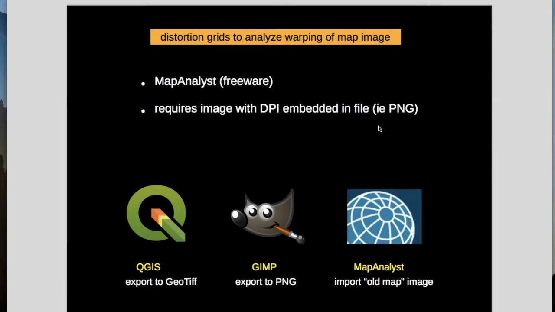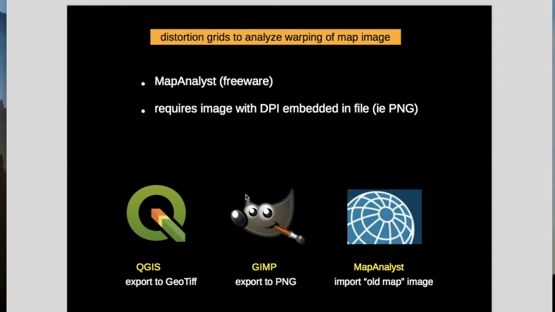Now, one warning here is that it requires an image with the DPI, the resolution, embedded in the file itself, which by default happens in a PNG file, and it could be in a GeoTIFF. However, the GeoTIFF file size could be very, very large. So just to tell you my workflow, I generally will export the GeoTIFF from QGIS at full resolution, whatever I can possibly get to get the maximum quality of the georeferencing going on.